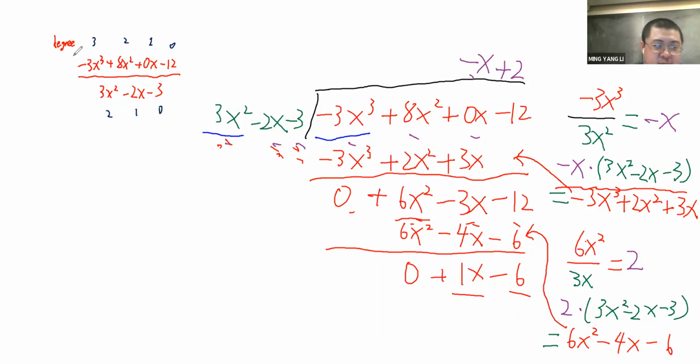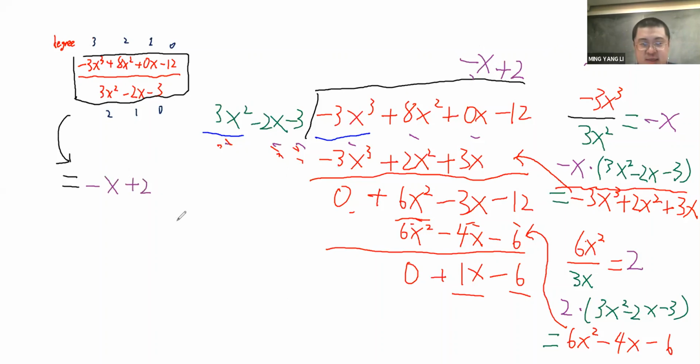So it just means this division is equal to, first is a quotient, which is this in purple, negative x plus 2. Then plus a fraction.